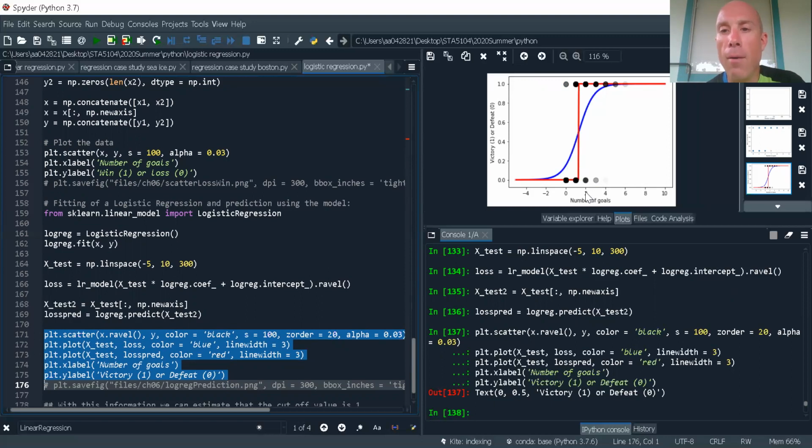When they score 2 points, you'll see the probability of winning has a big jump. Something to notice is that at the middle of the S curve, that's where it's the steepest. If I go from the left of the middle of the S turn to the right, all of a sudden I have a big jump in probability.